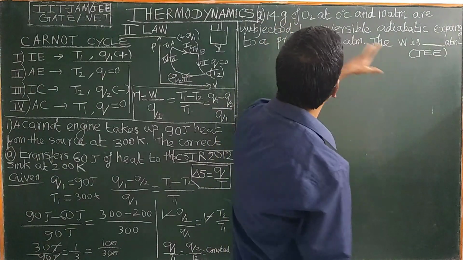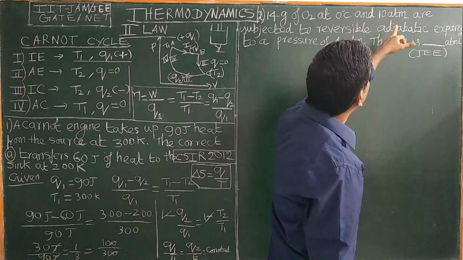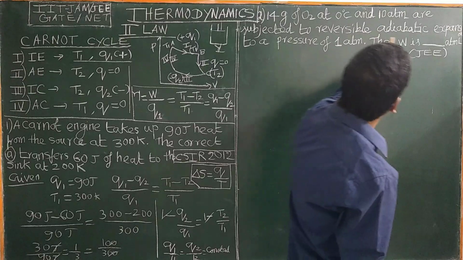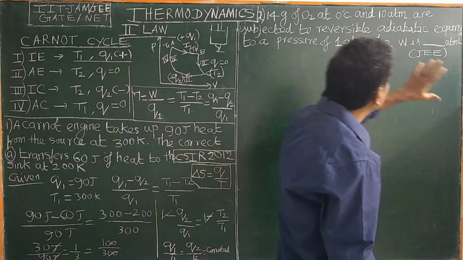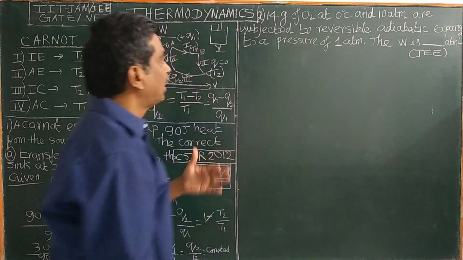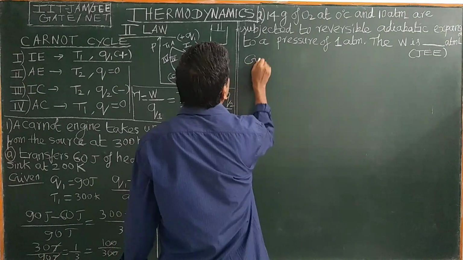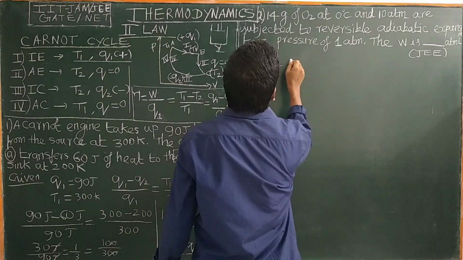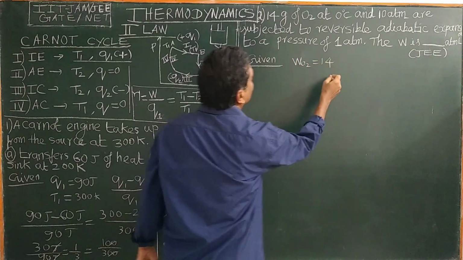It was asked in JEE: 14 gram of oxygen at 0 degrees Celsius and 10 atmospheric pressure is subjected to reversible adiabatic expansion to a pressure of 1 atmosphere. The work done is asked in liter atmosphere, or in calories it can also be asked. For example, given data: weight of oxygen equal to 14 gram.